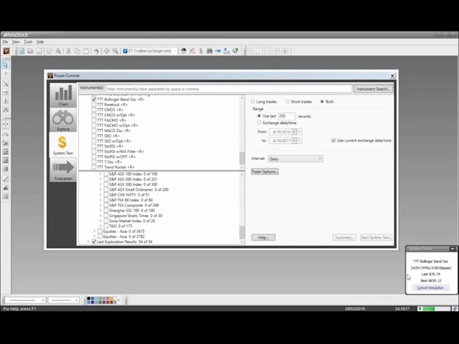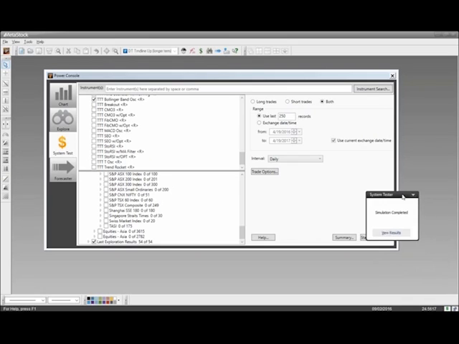Now it's running the simulation here at the bottom. Okay, let's say that, for example, you're running a large system test, one system over 3,000 instruments.